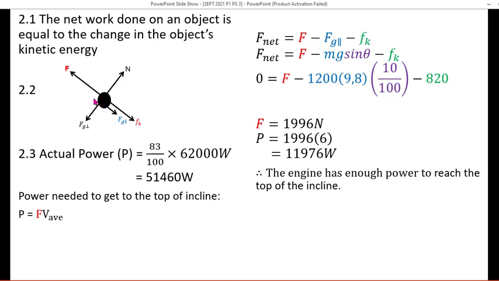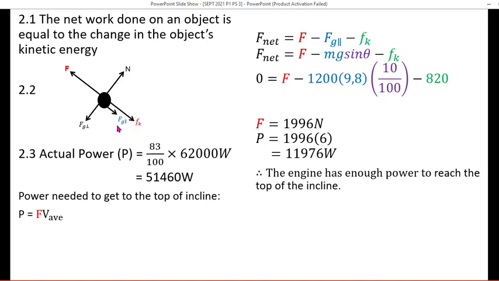Now that will help us to find the force F, because if the car is moving at a constant speed, it means that the net force acting on the car is equal to 0.